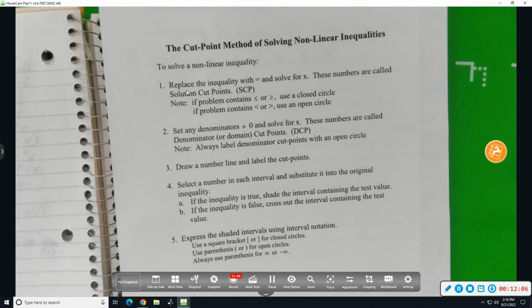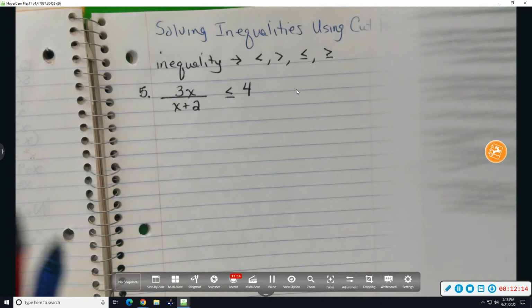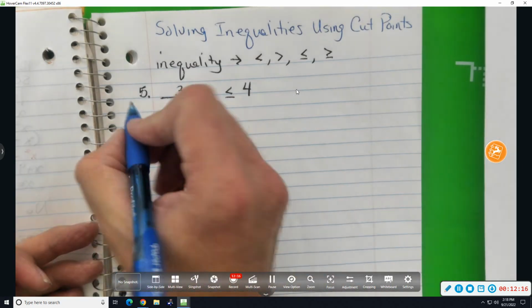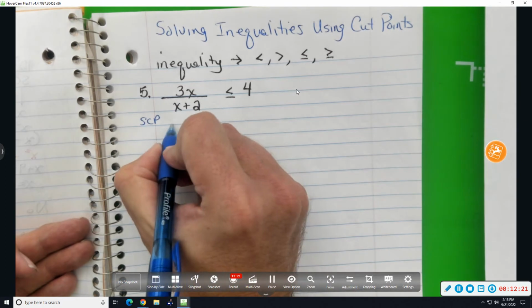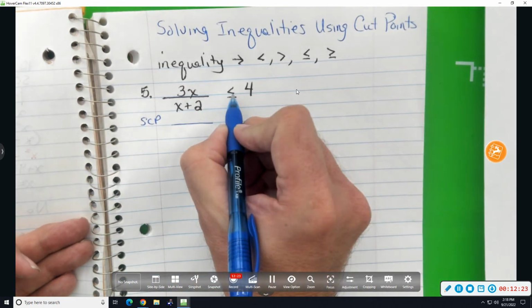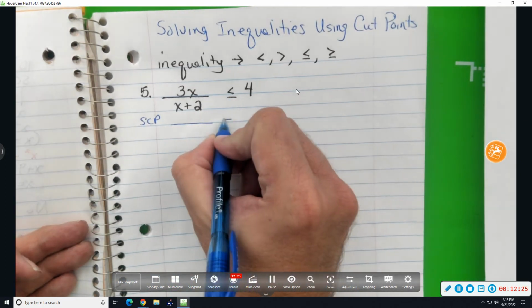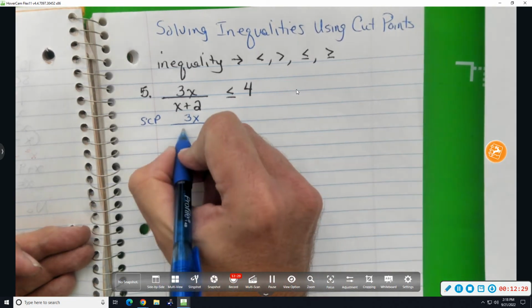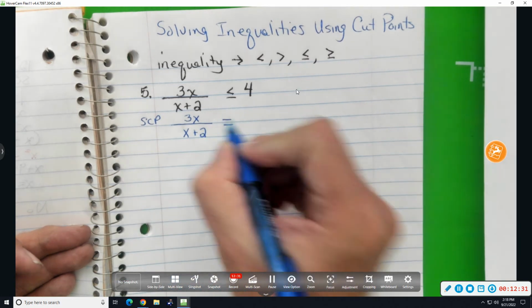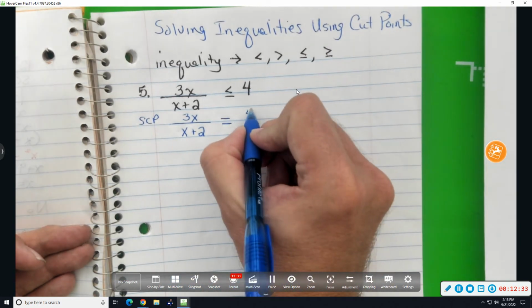Steps 1 and 2 tell you how to find all of the cut points. The first ones we're finding are what's called solution cut points, and I abbreviate those as SCP. So we're finding the solution cut points. Replace the less than or equal to with just an equal sign. So we have 3x over x plus 2 equals 4.